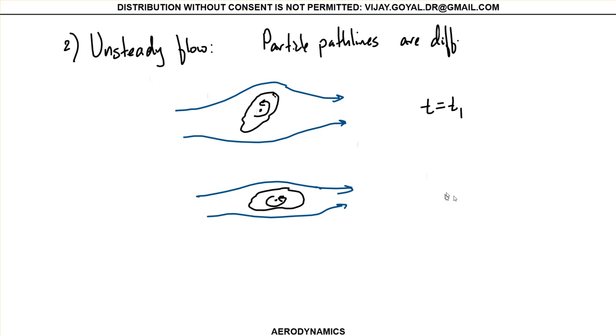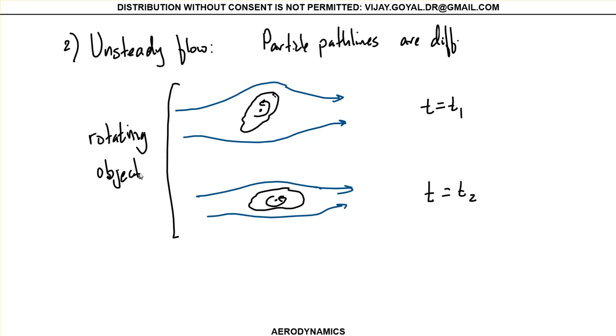That means my flow is unsteady, it is time dependent. This unsteady flow is a consequence of a rotating object. The rotating object is the one that's responsible for that.